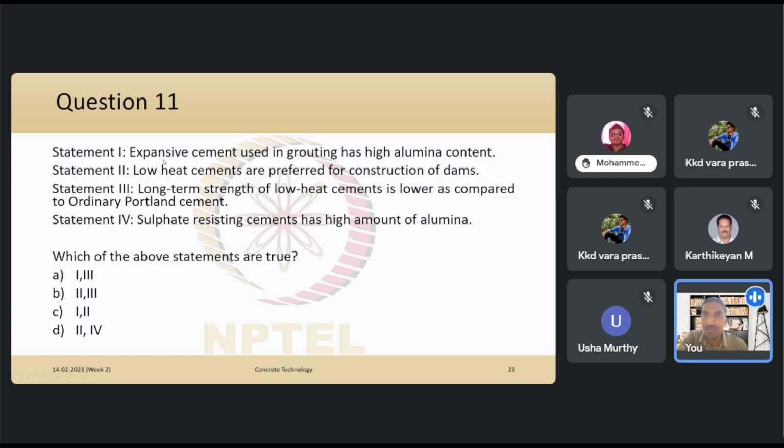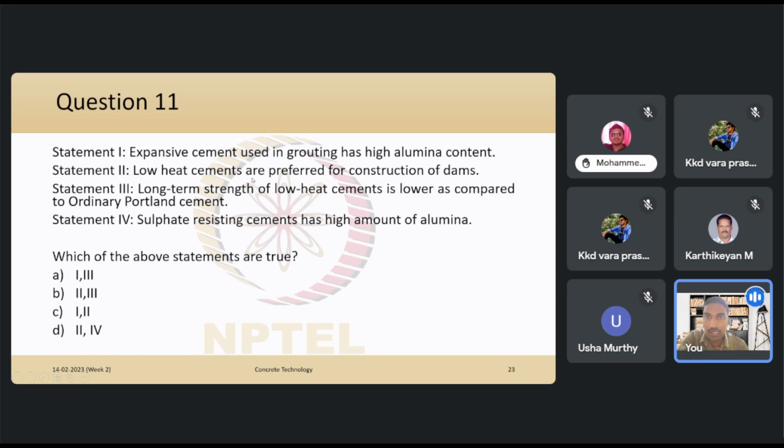Whereas in applications where we need this expansive property, for example in crack filling repairs, as the name suggests, it is expansive. So we need a higher alumina content, just the opposite of what we needed in a sulfate attack situation. In applications where expansive cement is used, it needs to have high alumina content. That's why statement 1 is true.